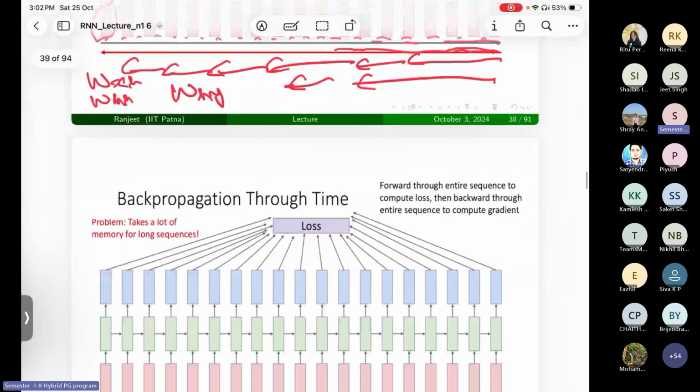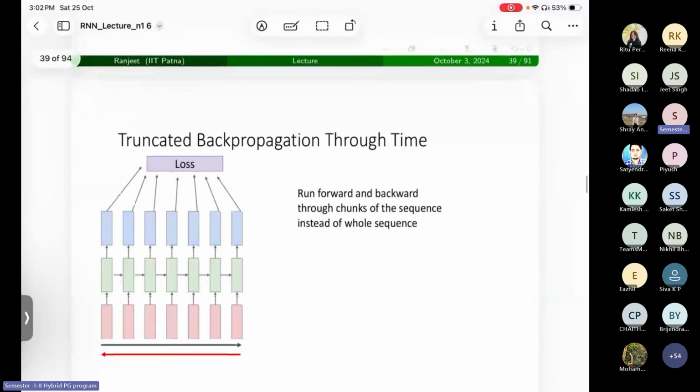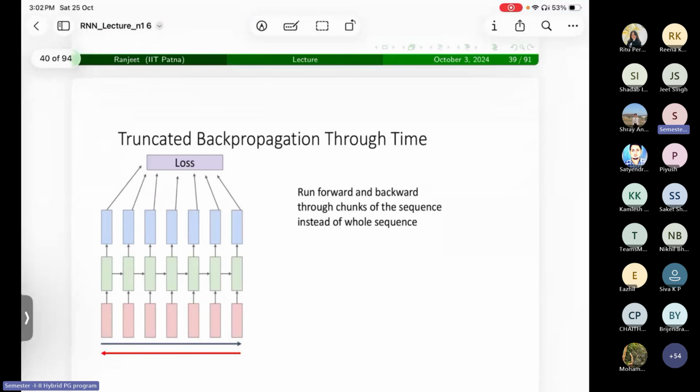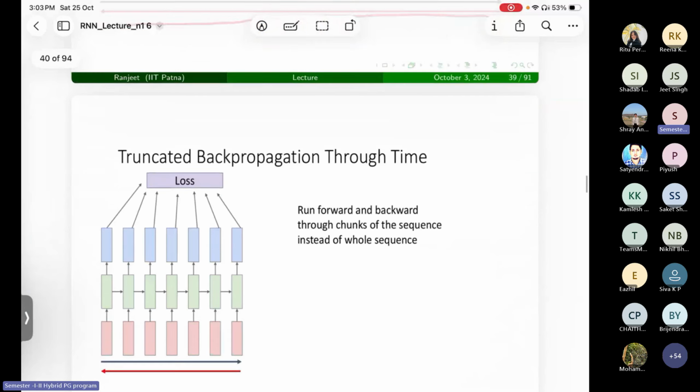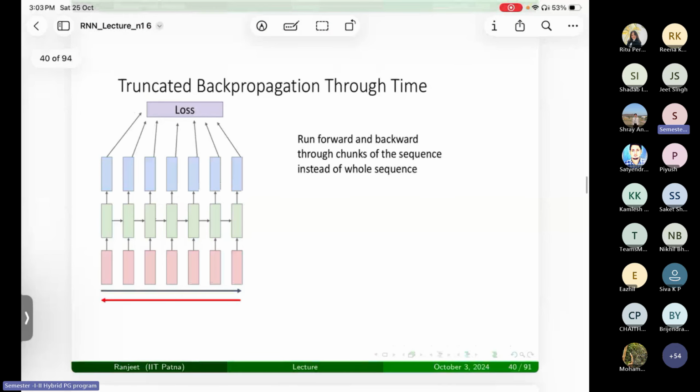That alternate way is to go with truncated backpropagation through time. Instead of taking the entire sequence, I'll take only some part of it. This is truncated backpropagation through time, because this is happening over time.